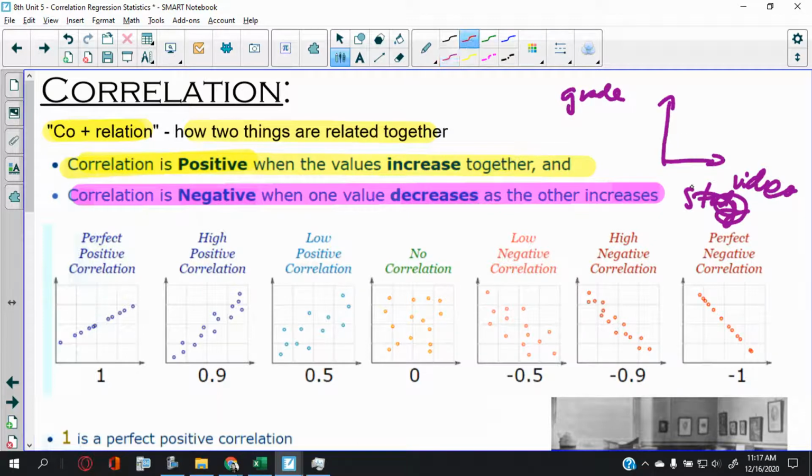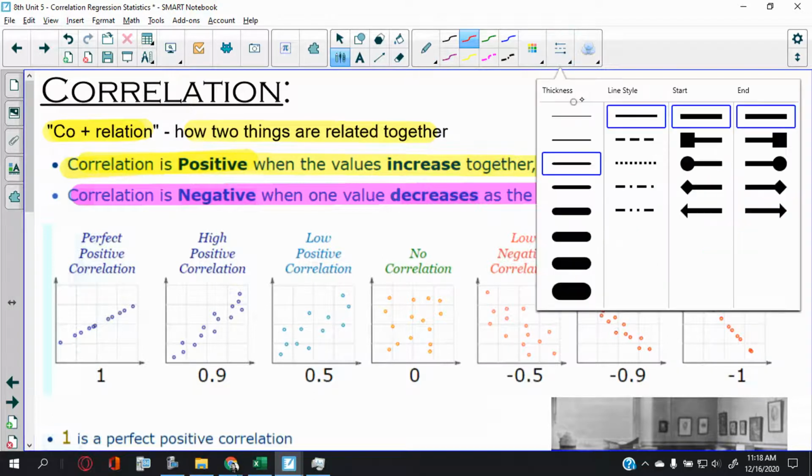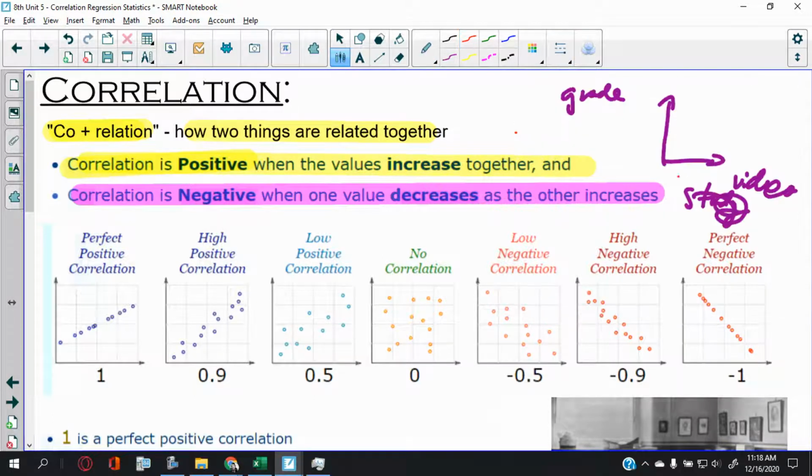So the more time you spend playing video games, the lower your grade is going to be. So the line will look something like this. So let's say you spend 10 hours playing video games, your grade is going to start approaching 0. Okay, so that's a negative slope.